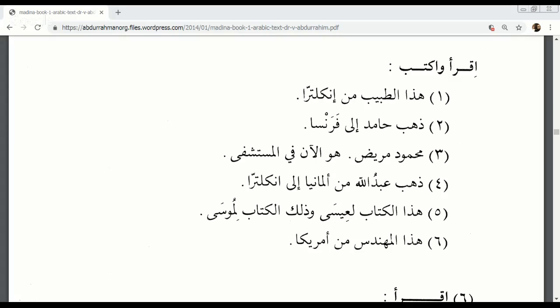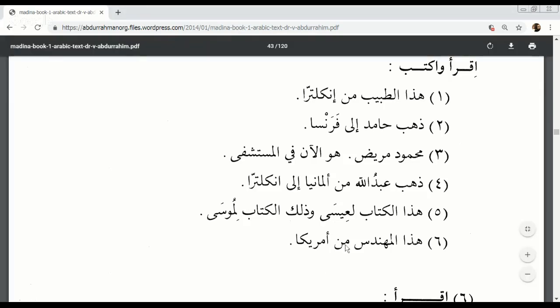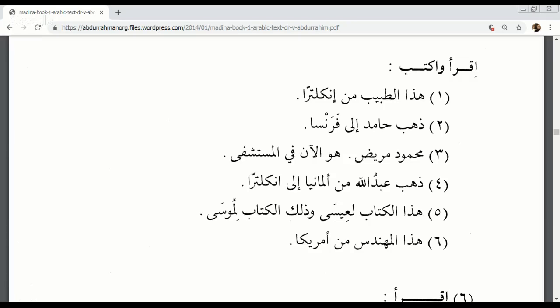Okay, we've lost Zara. So go ahead, Aisha. It's on page 47, right? That's correct. Okay. من هذا الرجل? Should I translate straight away please? Yes. Who is this? Who is this man? Good.